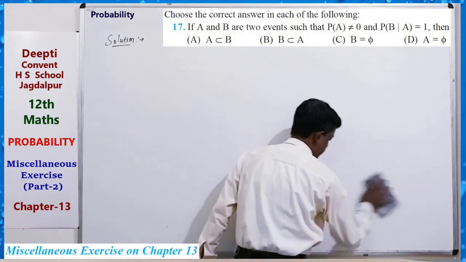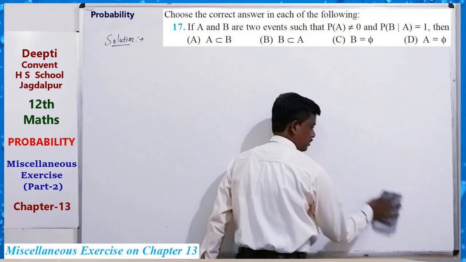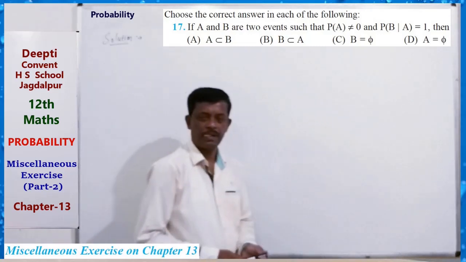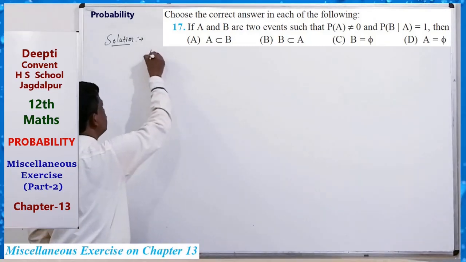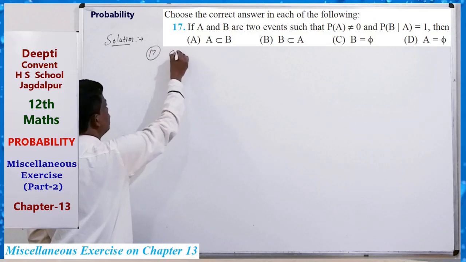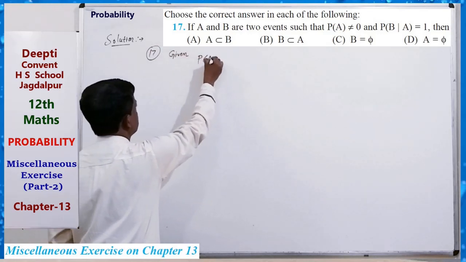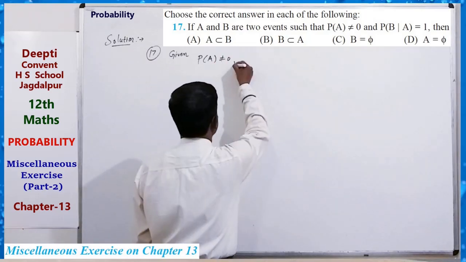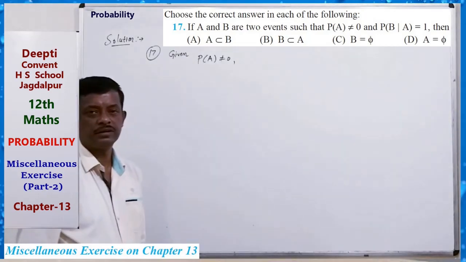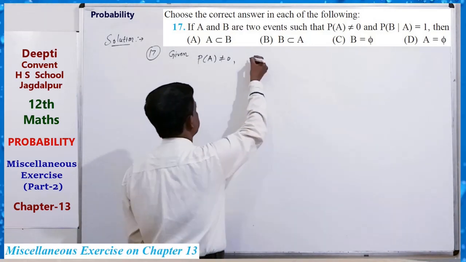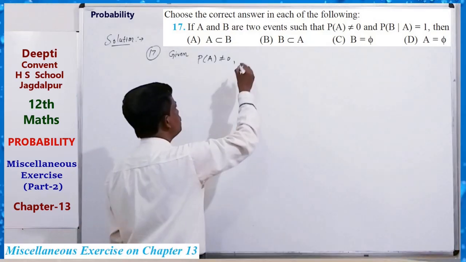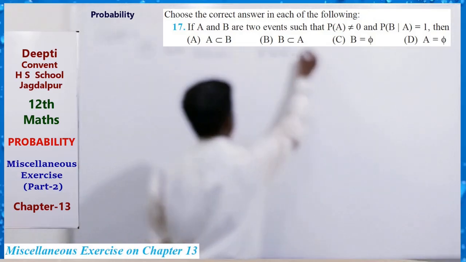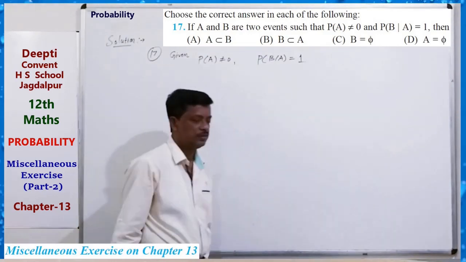So here it is given that A and B are two events and P(A) is not 0, question 17, and also P(B by A) equals 1.